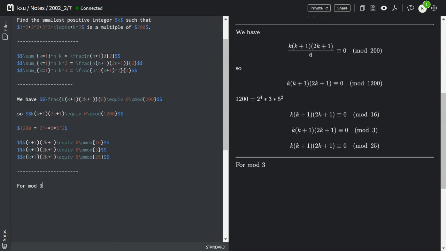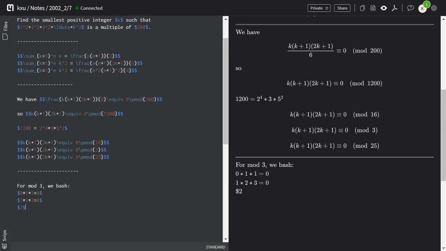For mod 3, we can just bash through all three residues. k equals 0 gives 0 times 1 times 1, which is 0. k equals 1 gives 1 times 2 times 3, which is 0, again working modulo 3.